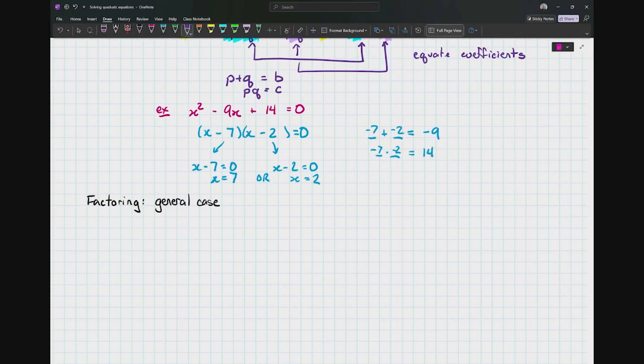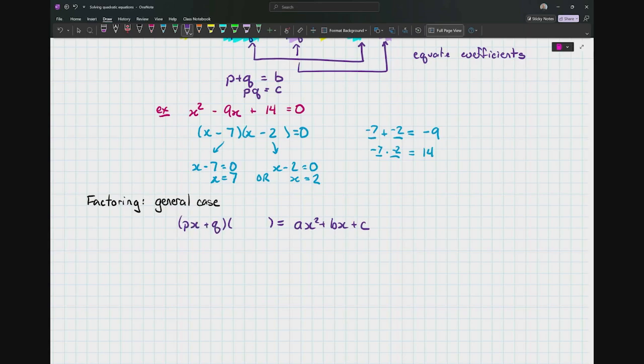For a general quadratic expression, we would have ax squared plus bx plus c. In this case, a doesn't have to equal 1. In order to factor that, we're looking for two linear factors. A linear factor would be something of the form ax plus b, but I'm already using a's and b's here, so I'm going to go back to using letters lower down the alphabet.